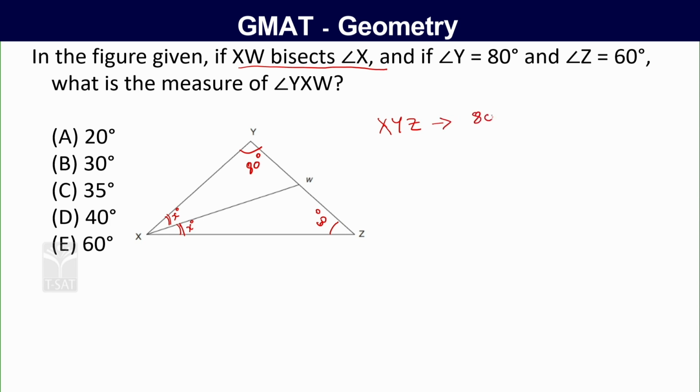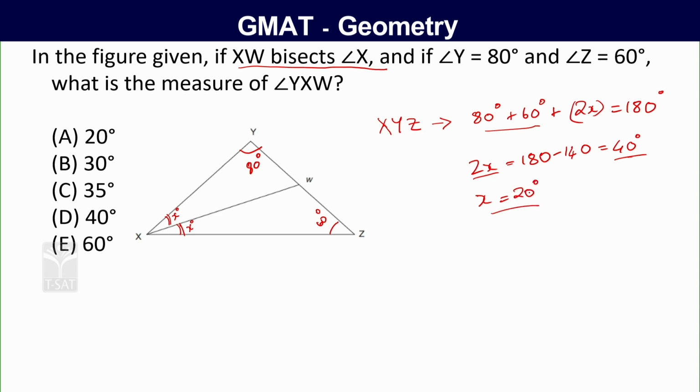Y is 80 degrees, Z is 60 degrees, and the angle subtended at x will be 2x degrees, is equal to 180 degrees. So, here you have 2x is equal to 180 minus 80 plus 60 taken to the other side, 80 plus 60 is 140, is equal to 40 degrees. So, 2x is 40, divide both sides by 2, you have x is equal to 20 degrees. Option A is the right answer.